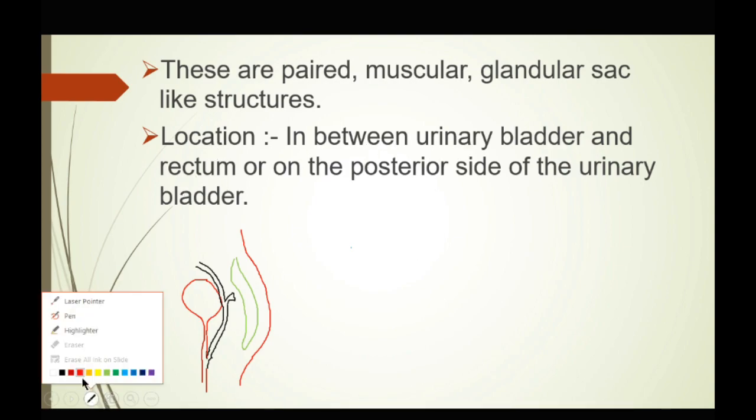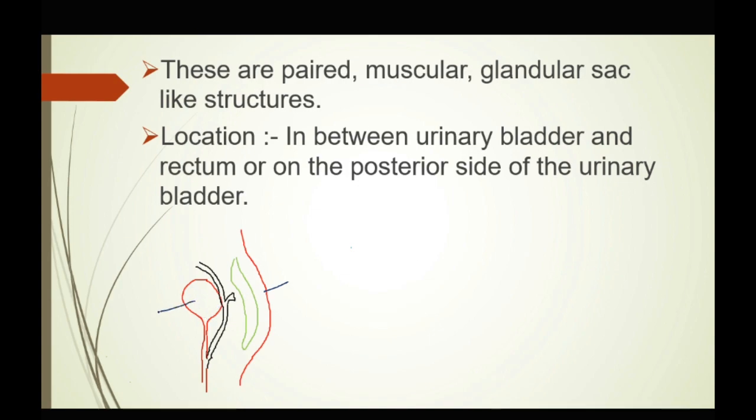In this figure, you can see this is the region of the hip, and this is the urinary bladder. This structure shown in green is called the rectum. So in between the rectum and the urinary bladder, this structure can be seen, and this is the seminal vesicle.